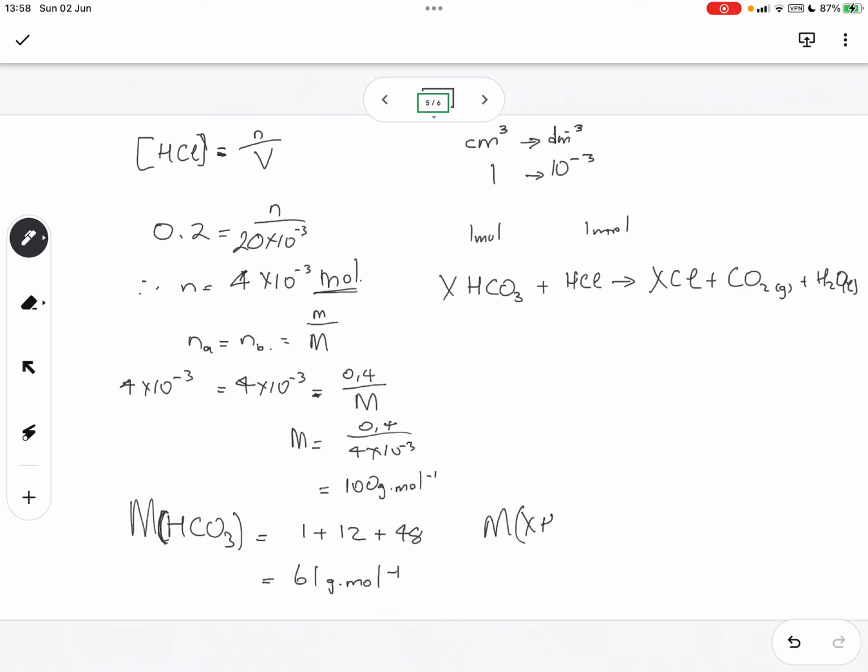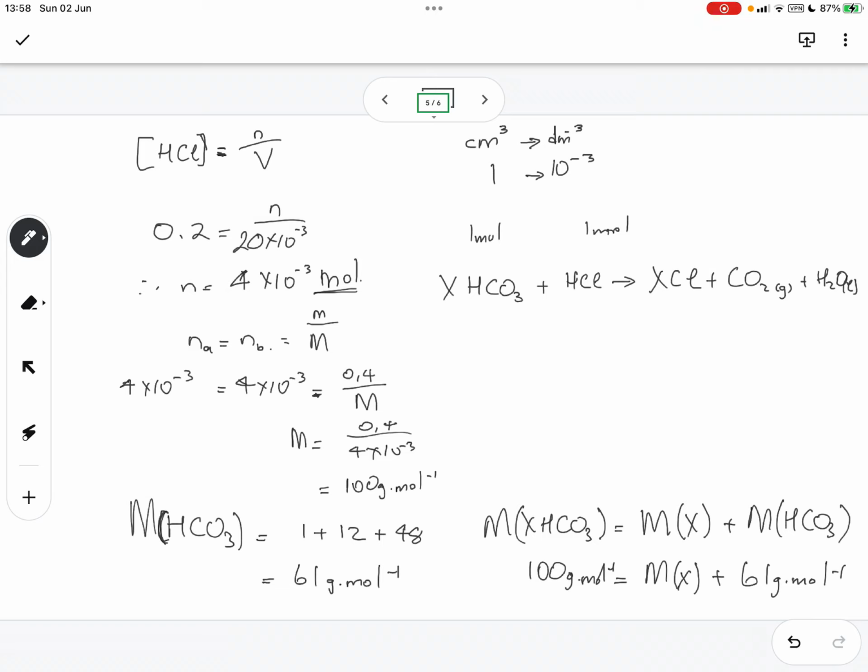61 grams per mole. So then the molar mass of XHCO3 should equal the molar mass of the X element plus the molar mass of the HCO3 part. We know that the molar mass of the chemical itself is 100 grams per mole, but we don't know the X element, but we know the molar mass of the HCO3, and that is 61 grams per mole.